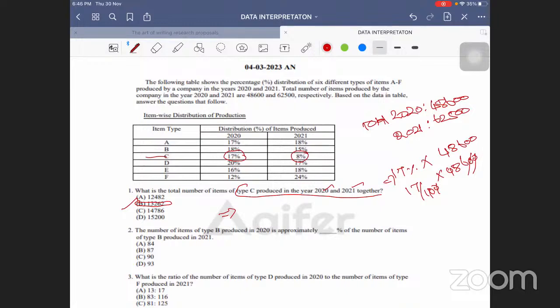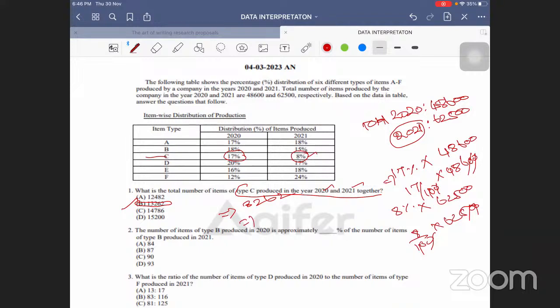I will explain the method of how to solve this kind of question. So 17 into 486 is around 8262, and next is 2021 at 80%. So 80% of 62,500. We can write 800 into 62,500, cancel the zeros, remaining is 625 and 8.